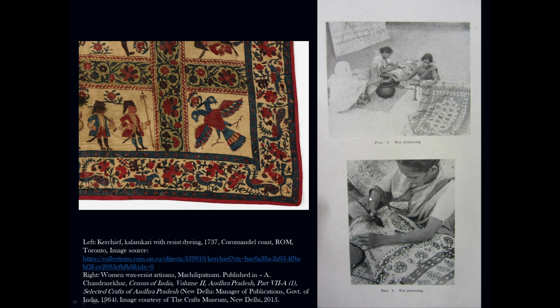Here on the right side of the screen we have some documentation of this wax resist drawing. This is the kind of practice in which in Kalamkari we have a combination of both printing and hand drawing together. And this is a resist drawing that is continued, and the resist is done very much in line with the outlines which are already created by this mordant printing.